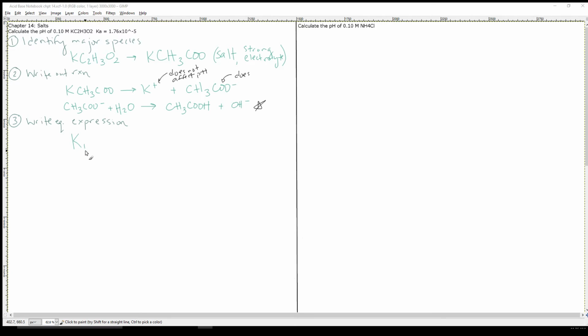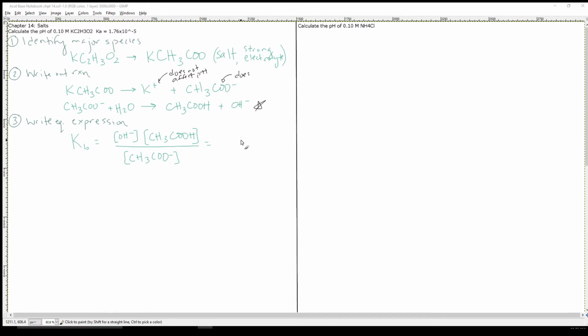I'm going to write Kb because it's acting as a base. So I'll put my products, hydroxide and acetic acid, over my reactants. I'm not going to include water because it's a liquid.